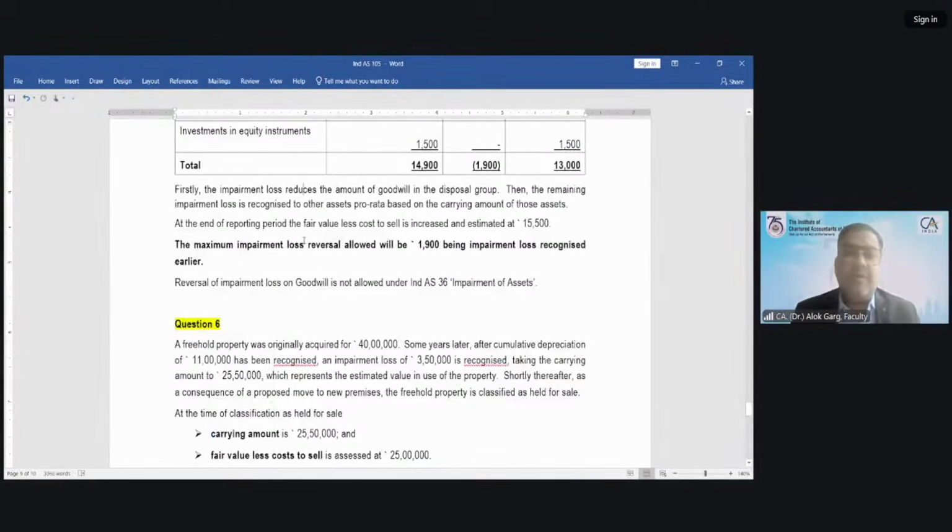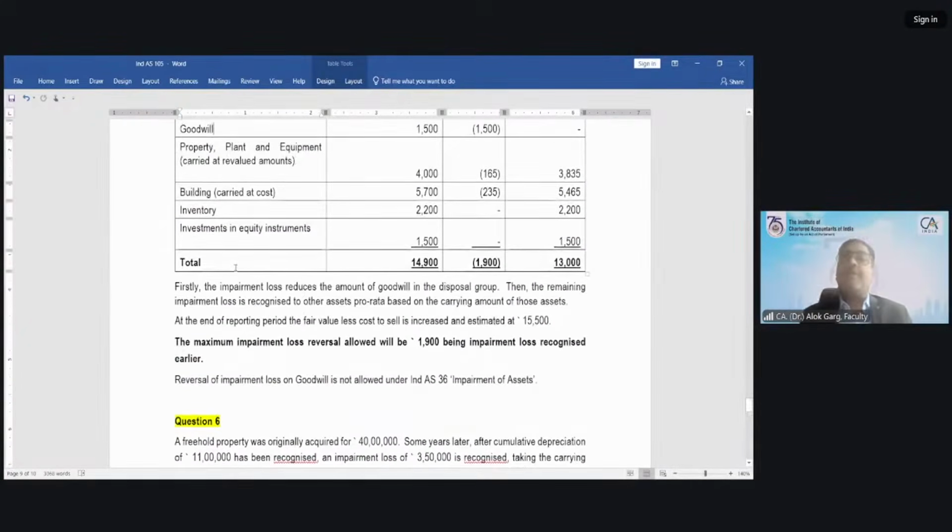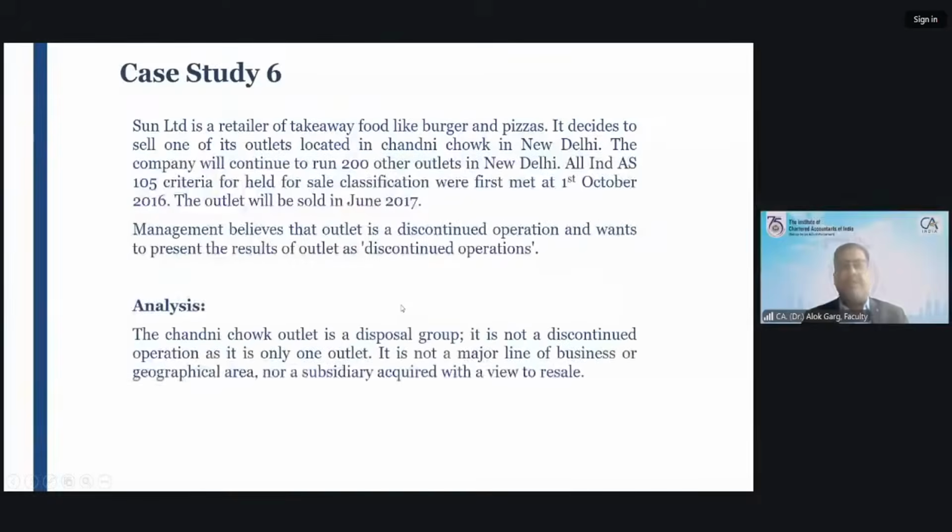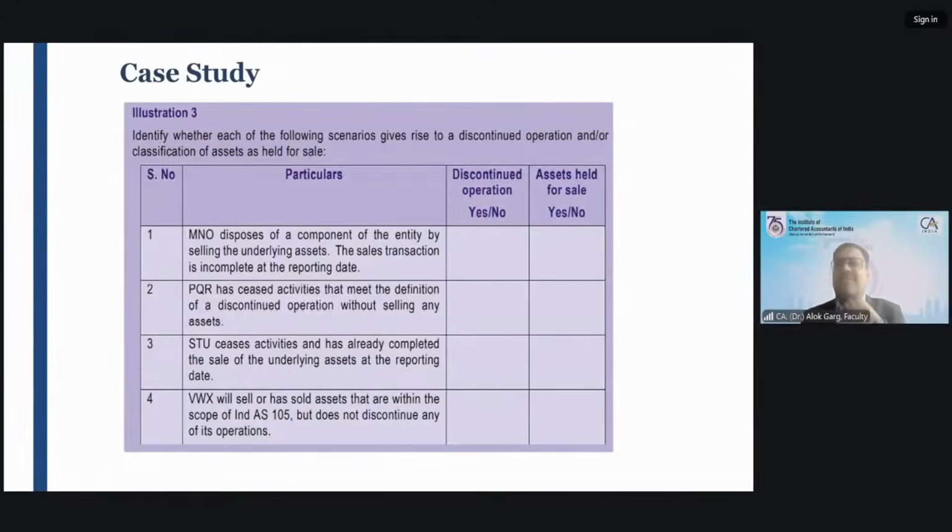Yes. Now, let's go to the PowerPoint presentation and let's discuss one question on discontinued operations. So we will revise that part also. This is from ICAI Board of Studies material. Identify whether each of the following scenarios gives rise to a discontinued operation and is classified as asset held for sale.